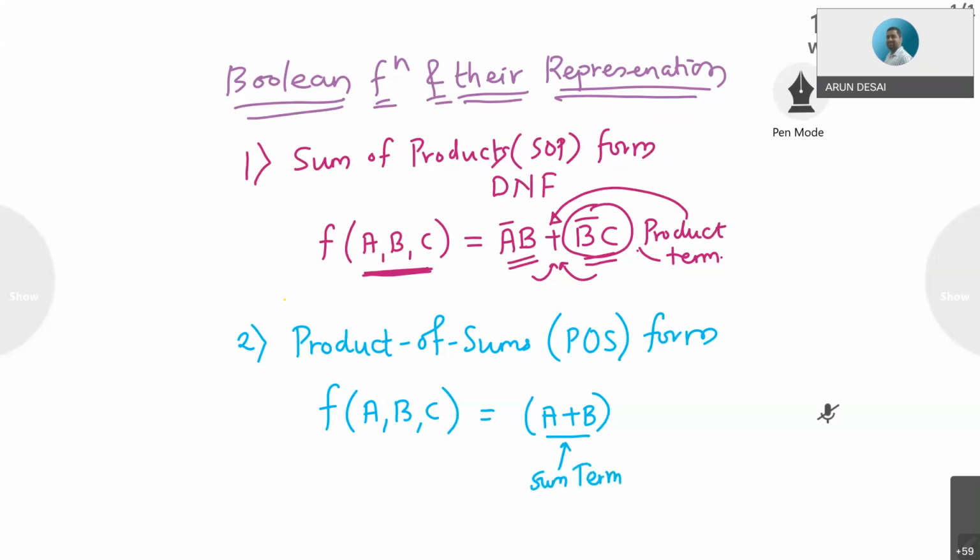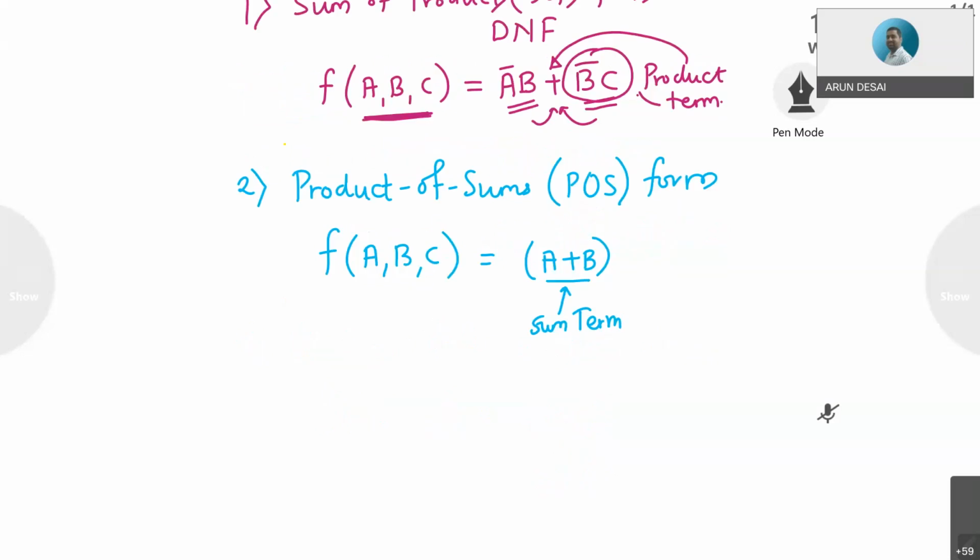These sum terms are actually ANDed, right? So individual sum terms are ANDed. That expression is referred to as product of sum.